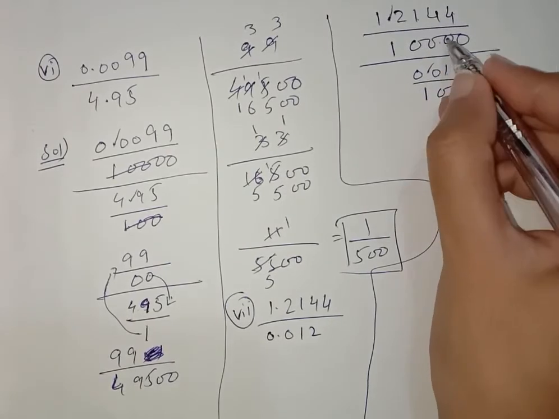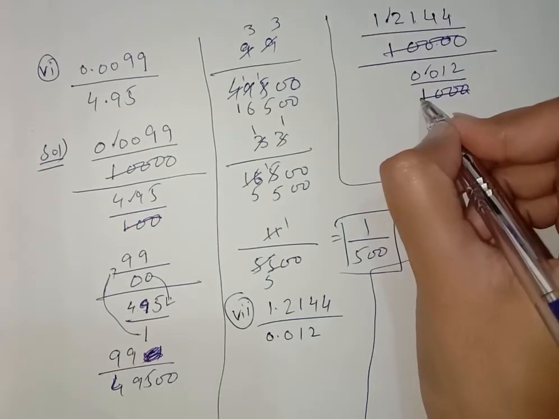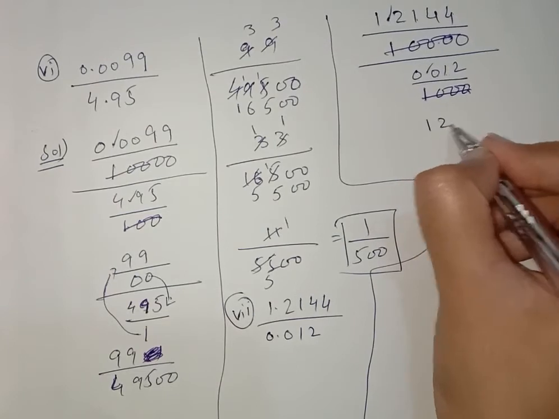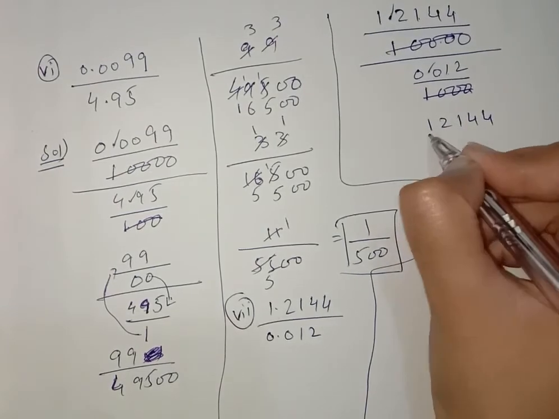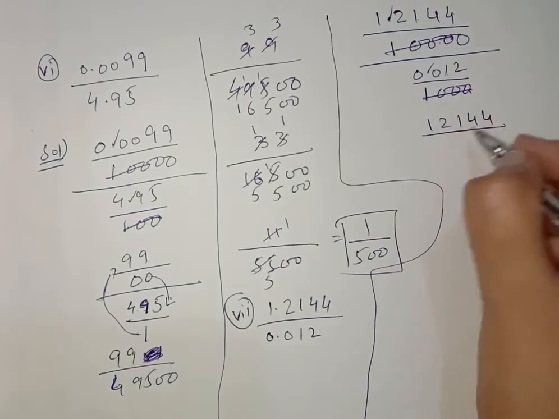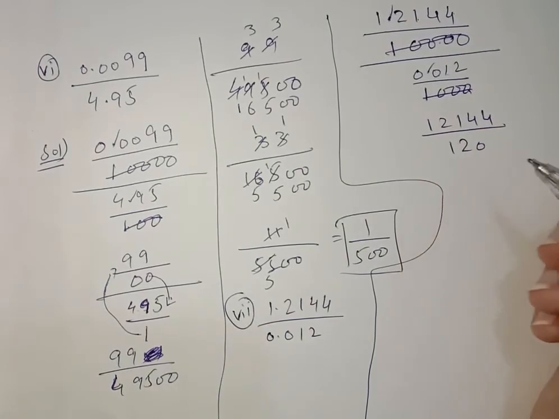This is 1000, 1000 cancels with 1000, so 12144, this 0 goes down and 120.